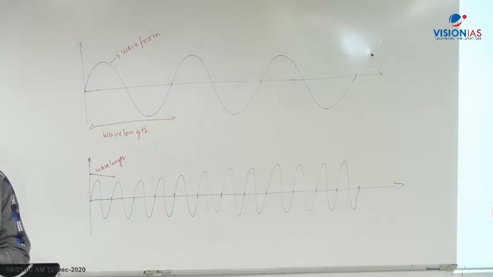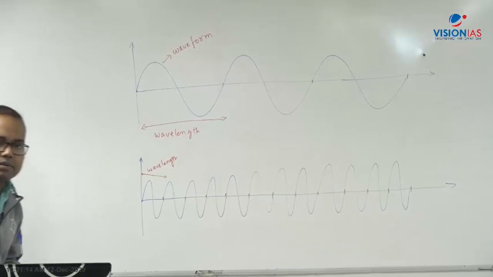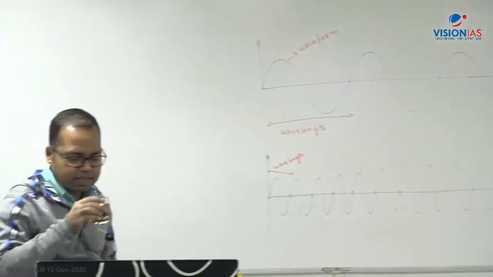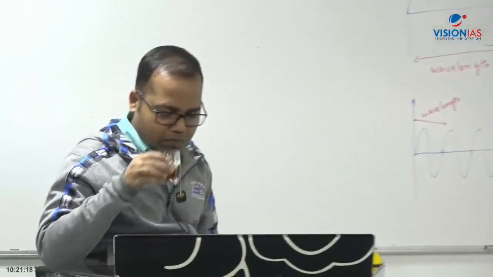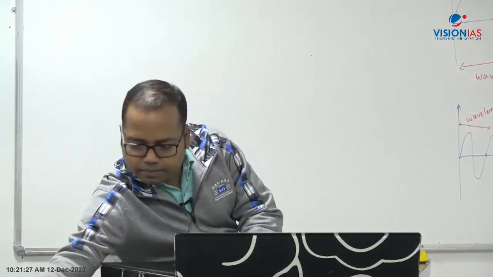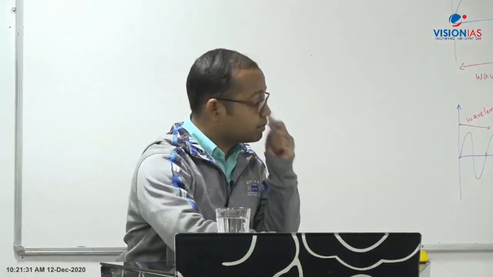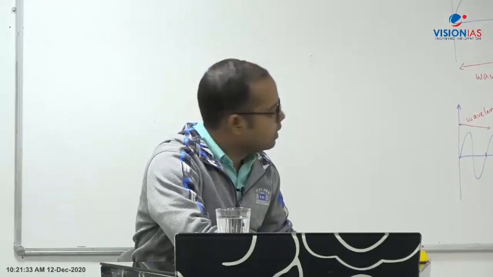Just write: wave is any disturbance in a medium. Next point to write: wavelength.